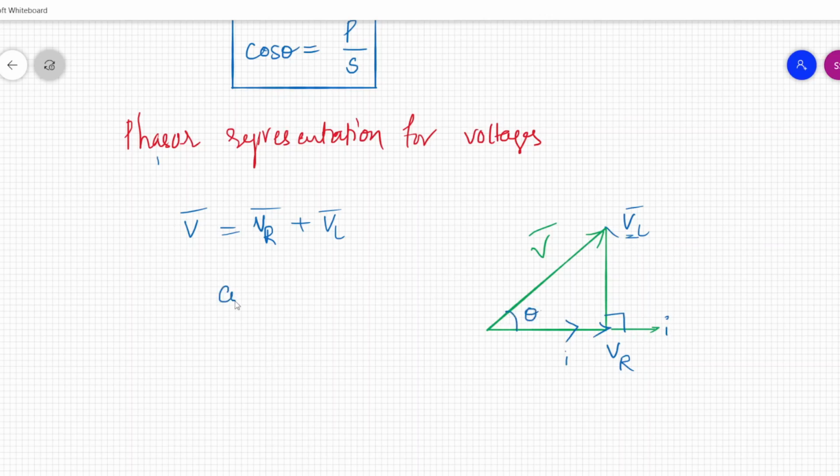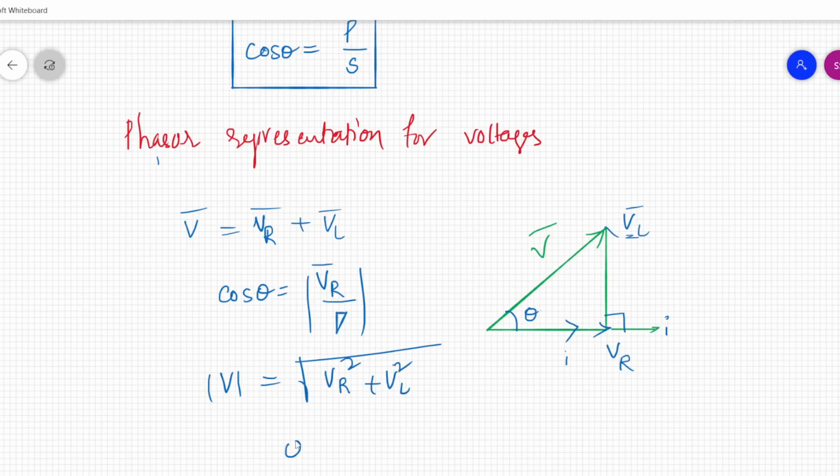Cos theta again will be VR bar by V bar magnitude. Now V bar magnitude can be found from VR square plus VL square under root. So theta equals tan inverse of VL by VR. This is how you need to find it.